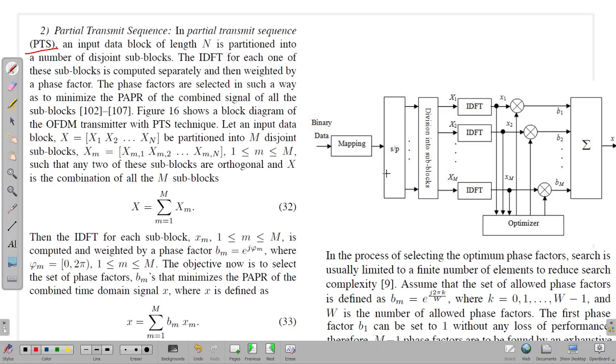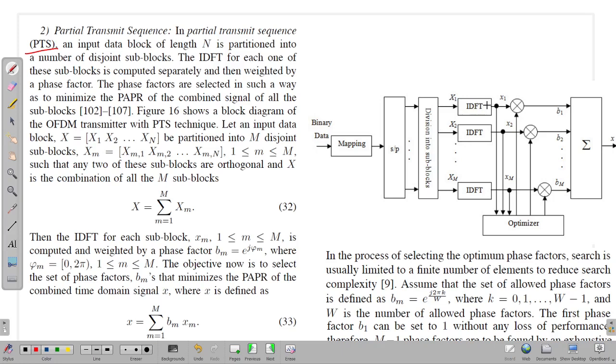You can see the block diagram of partial transmit sequence. You have the binary incoming data. It is converted to modulated symbols, and serial to parallel conversion is done. Then you have a block for PTS, that is division into subblocks. You have M subblocks, x1, x2 up to xM.